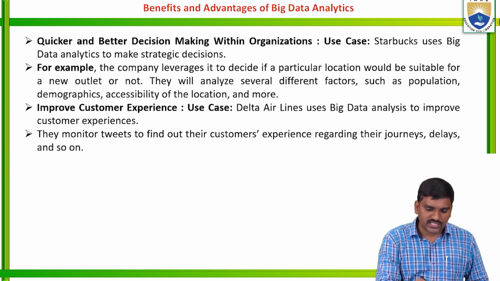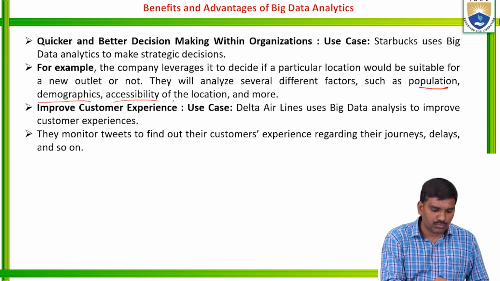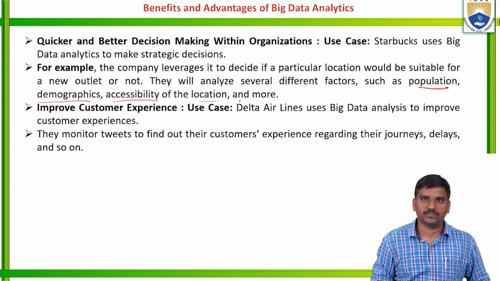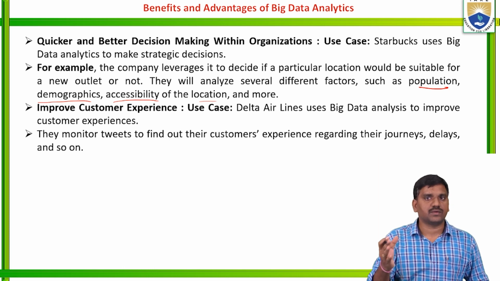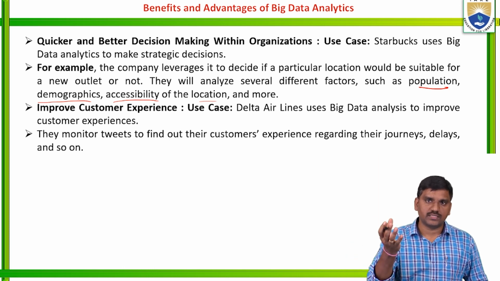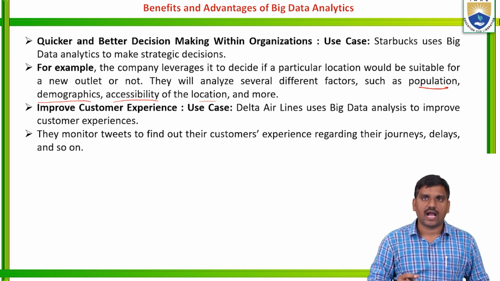They will analyze several different factors such as population, demographics, accessibility of the location, and more. This is an example of quicker and better decision making within the organization only, not applicable outside of the company.